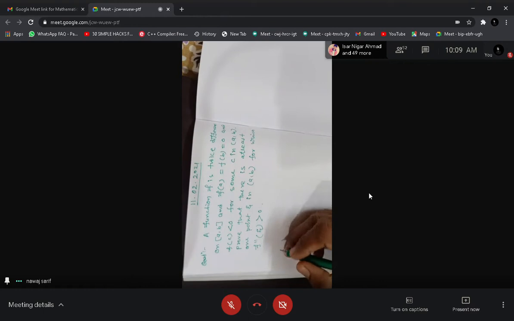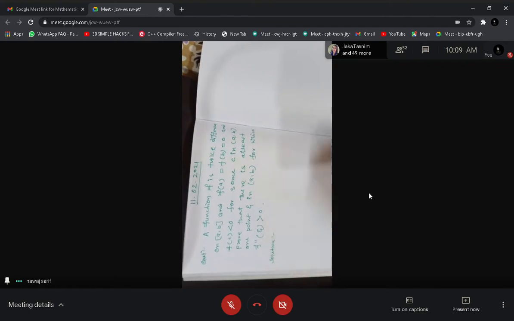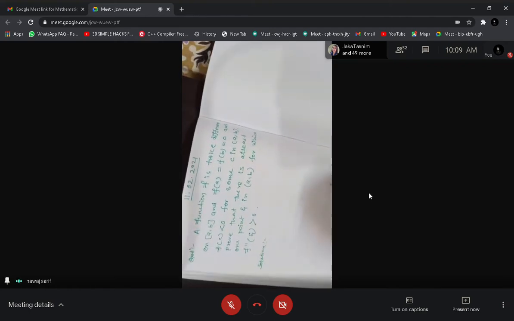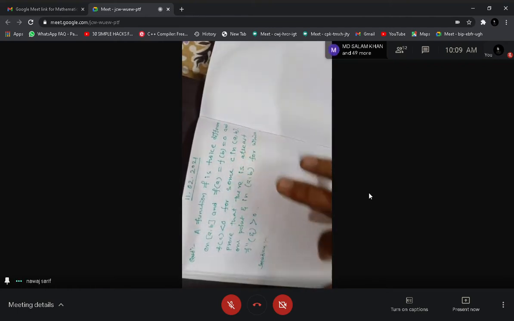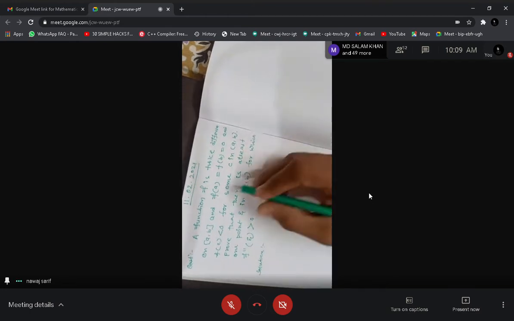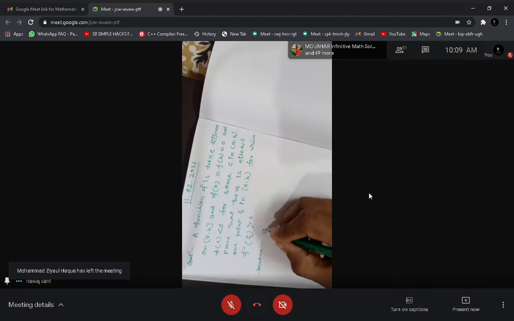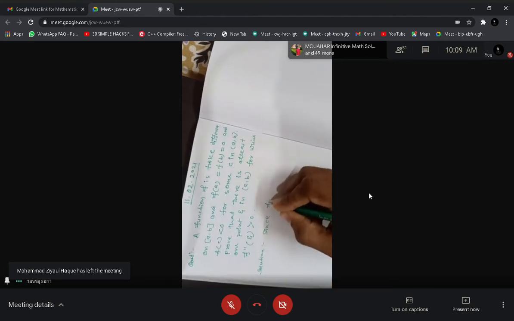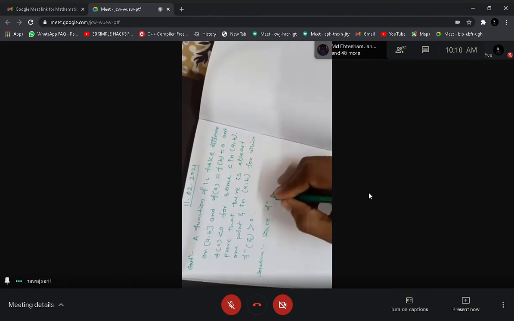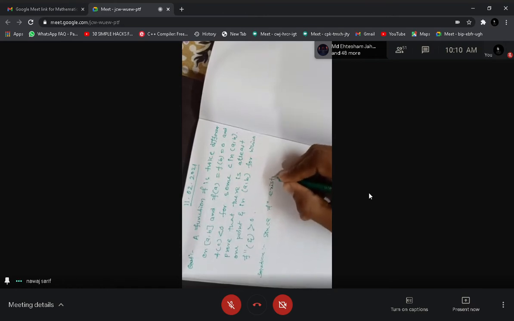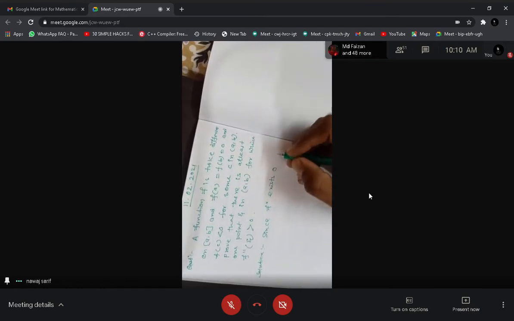Okay, then try to solve this one. First of all, we are given that f double dash exists. That means f is twice differentiable, since f double dash exists on the closed interval [a,b].